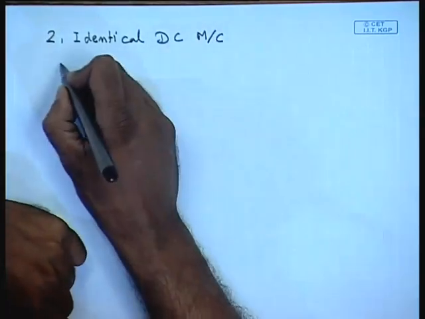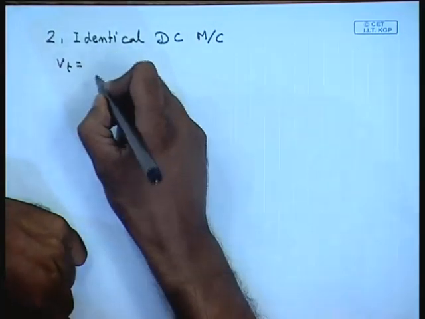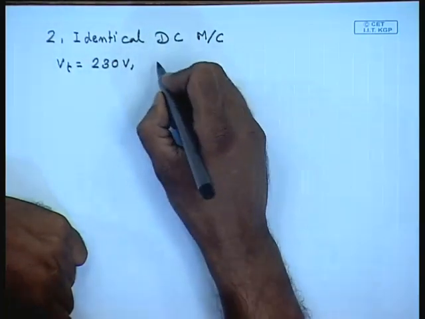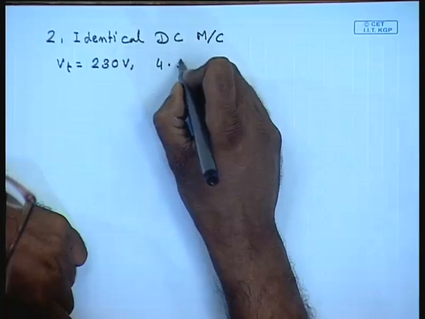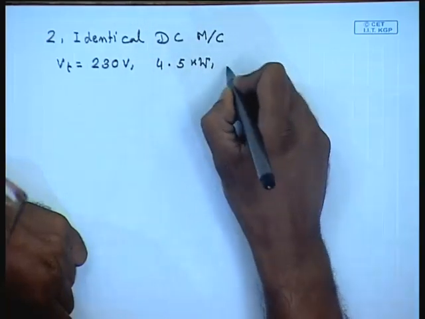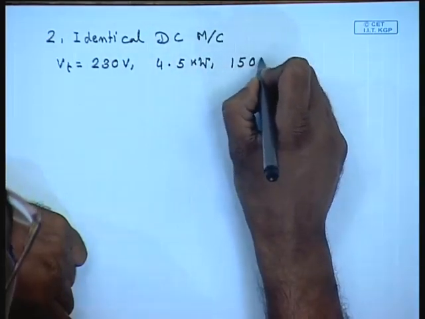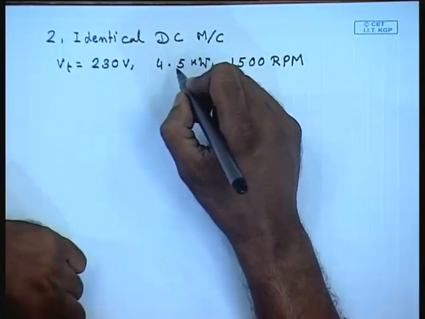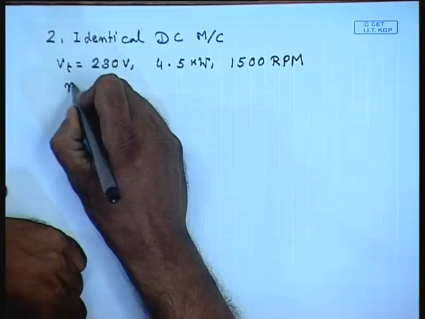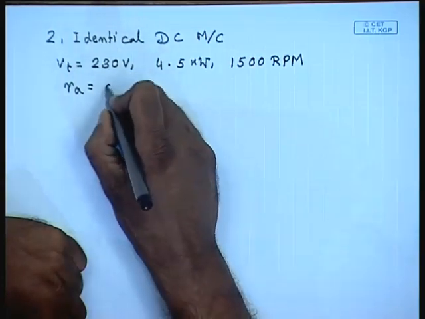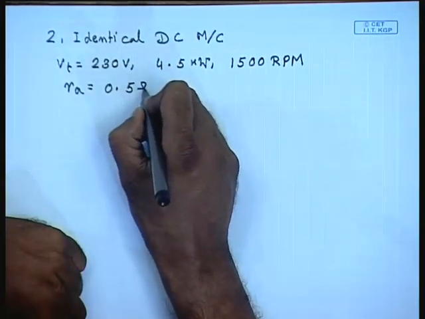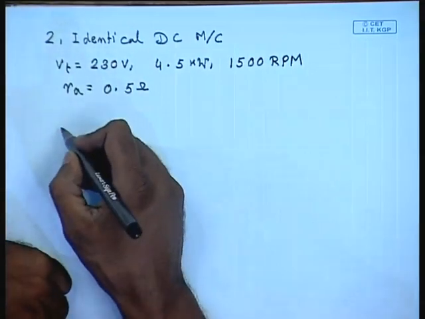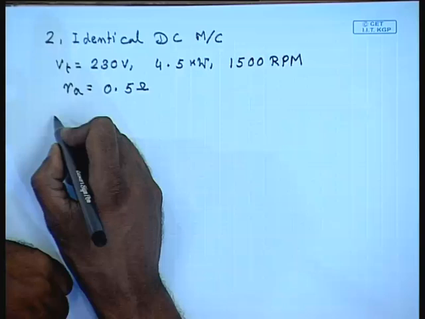Both have the following rating: Vt equal to 230 volts. The power rating is 4.5 kilowatt. Rated speed is 1500 RPM. The armature resistance of both machines is 0.5 ohm. The magnetization characteristics of the machines at 1500 RPM are as follows.